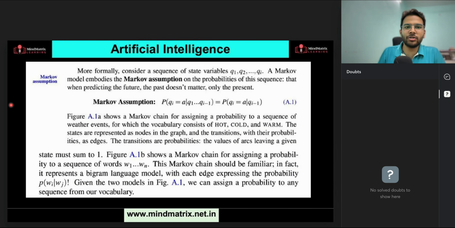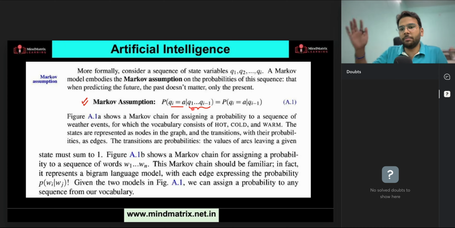Now, what is the assumption, the Markov's strong assumption that he had made? That is simply, you can see here, this is the Markov assumption, and it simply says the probability of the next state, given all the previous states, is just the probability given the current state.